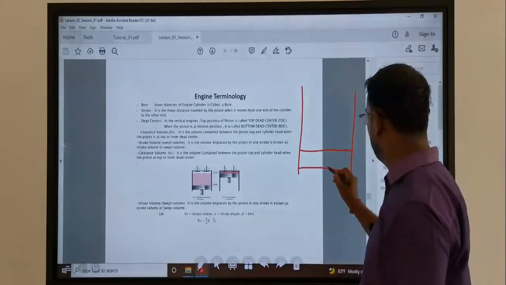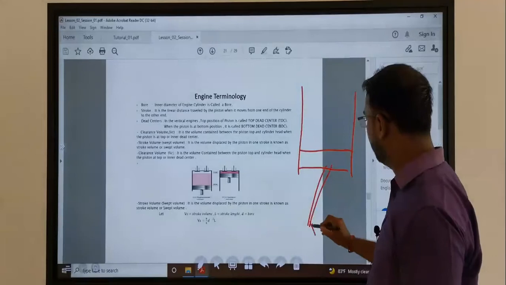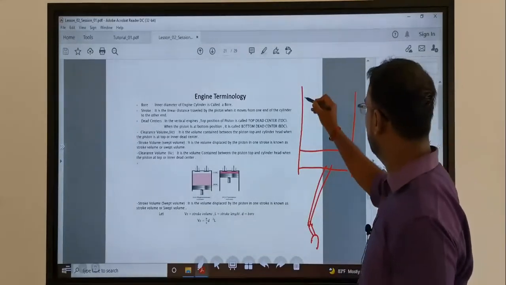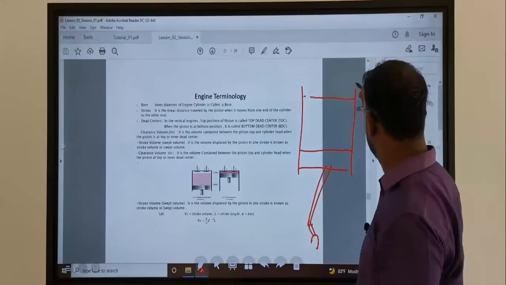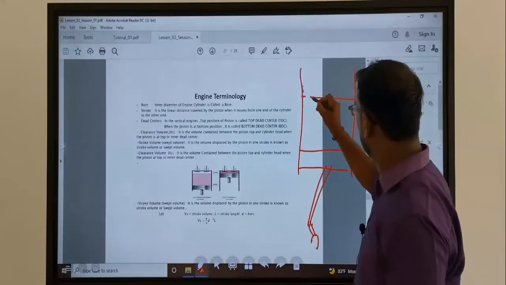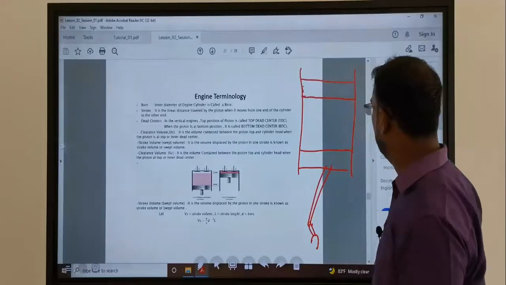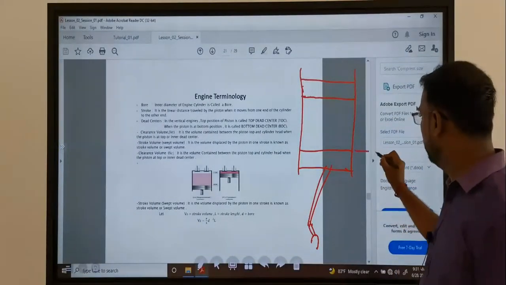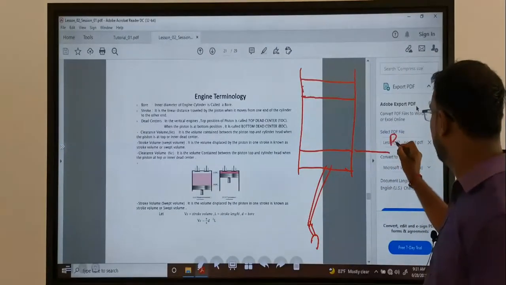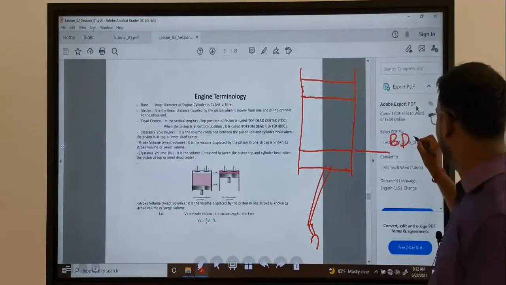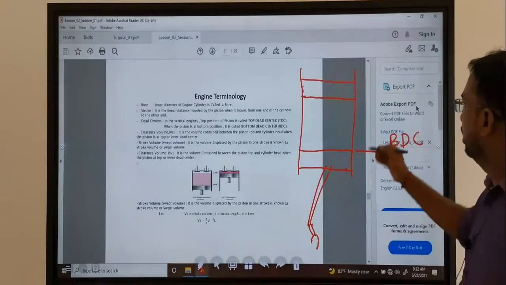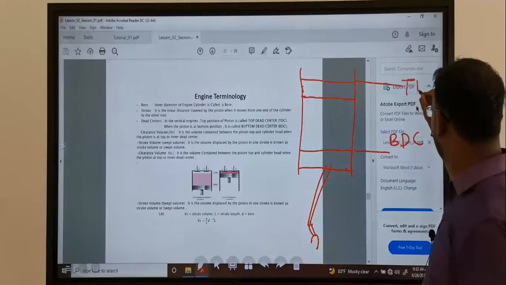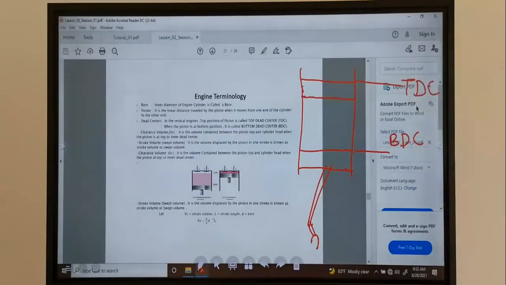This is the piston. Here it is connected with the crank or something, and the piston moves like this. So you already know, this is the BDC, bottom dead center, and this is the TDC, top dead center.